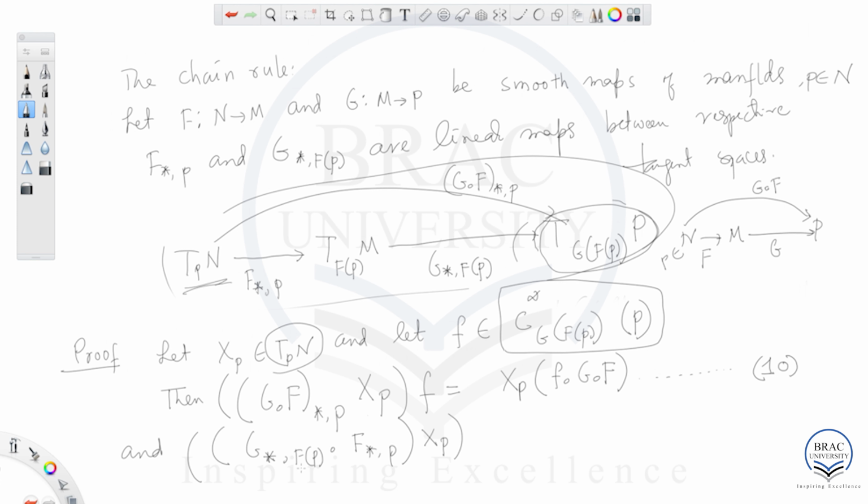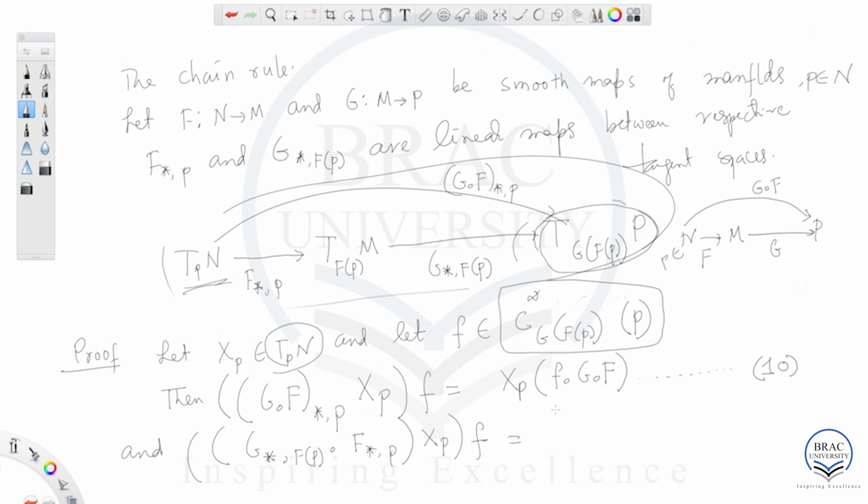T sub p N. So it acts on x sub p, and the resulting thing goes here, and the whole thing acts on a germ. According to the definition, this is a real number.